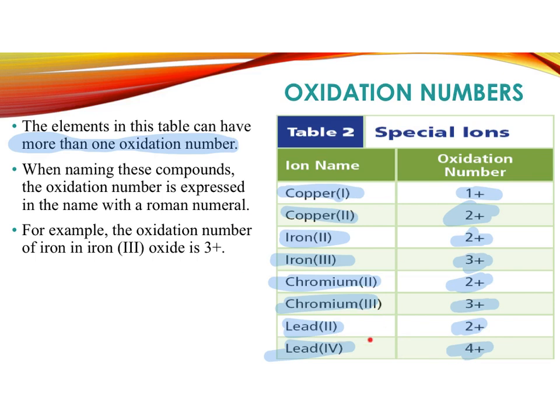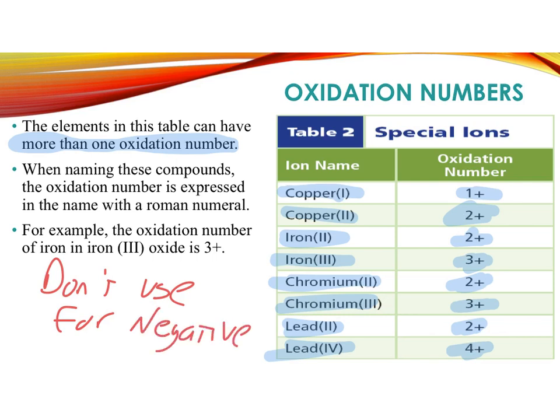And these are only for metals, and they're always positive. We don't use these for negative oxidation numbers. Only for positives. So I would try to make sure this chart is available somewhere in case you need to refer to it as well.